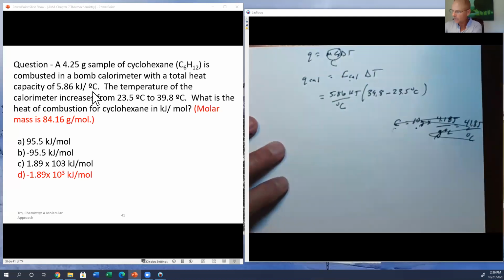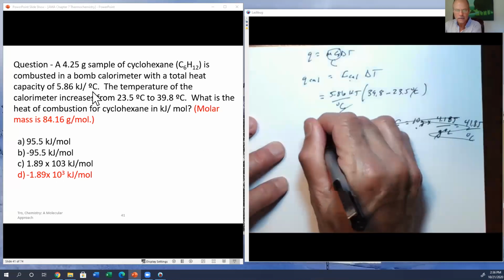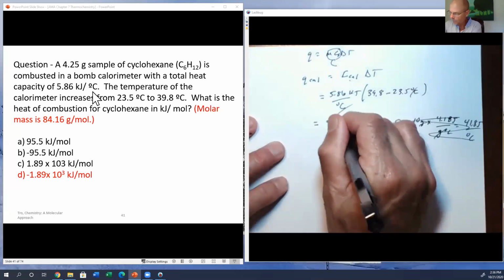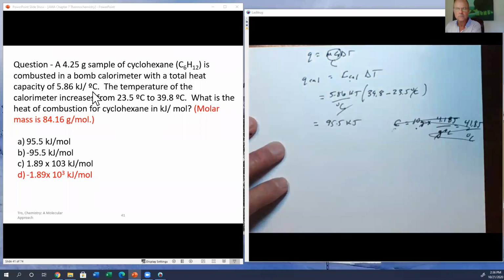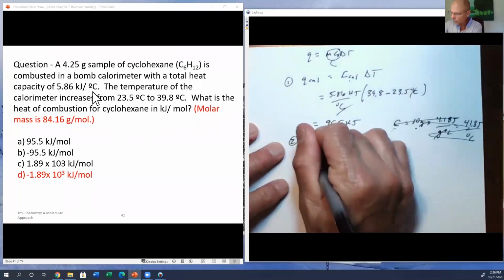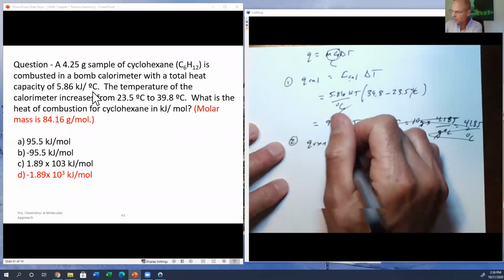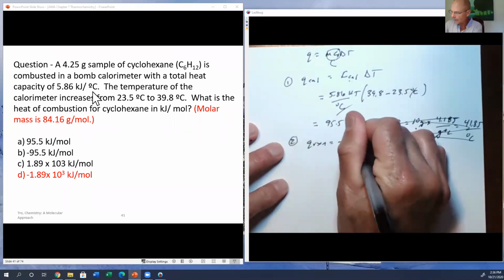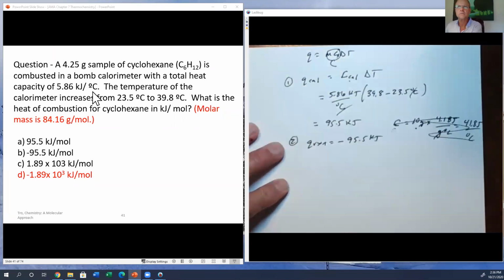The degrees Celsius are going to cancel, and you're going to get 95.5 kilojoules. So that's step 1. Step 2 is Q reaction is equal to minus Q calorimeter. So that's equal to minus 95.5 kilojoules.